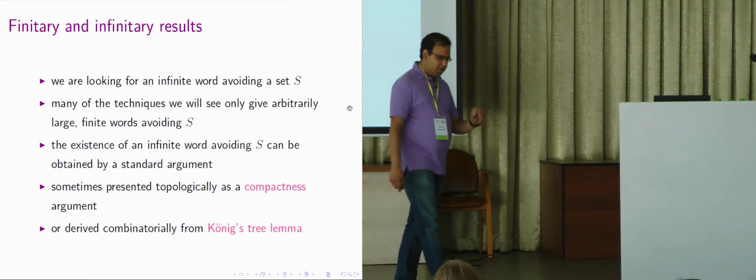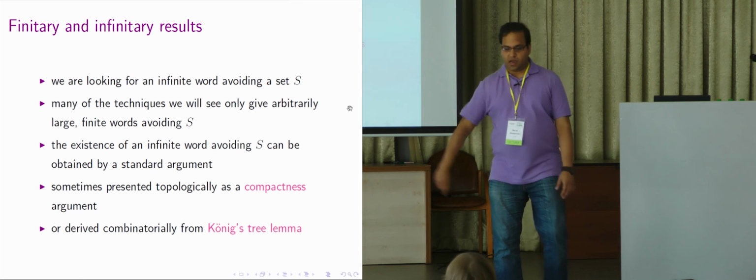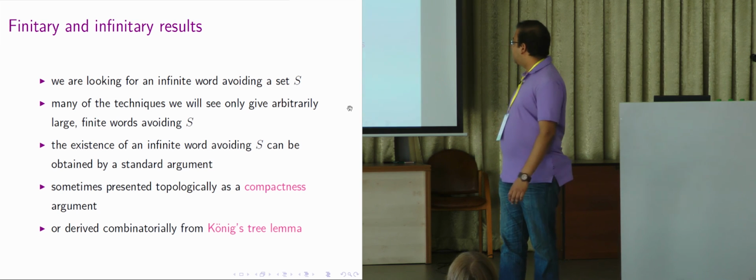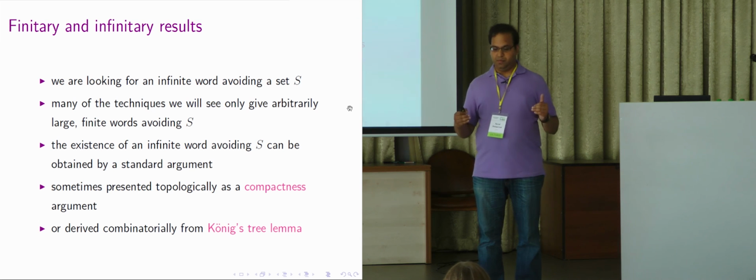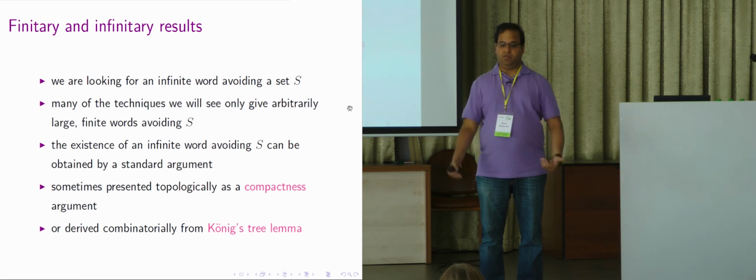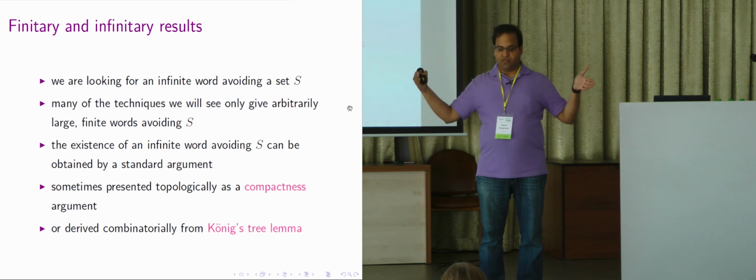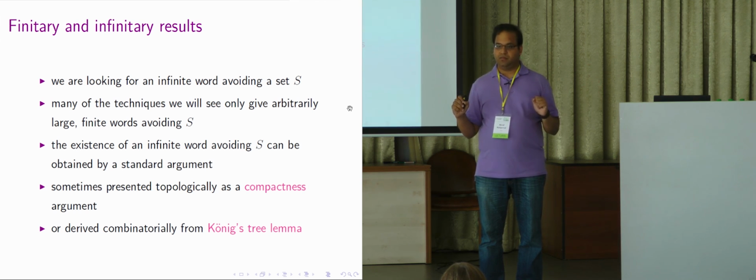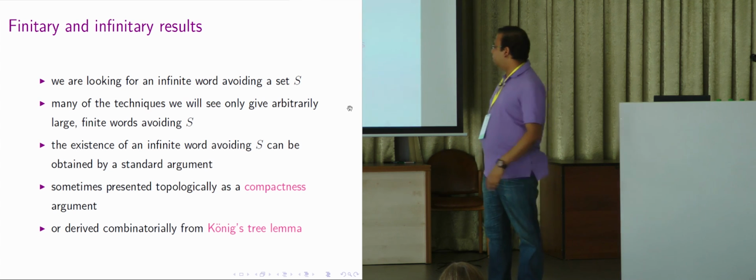Now, there's one minor technicality. Most of these non-constructive results will give you a statement of the following type: there exist arbitrarily large finite words that avoid squares or cubes or whatever you're trying to avoid.